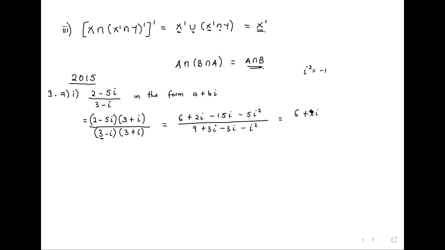Here you can now add. So 2i, in positive 2i minus 15i, we get negative 13i.